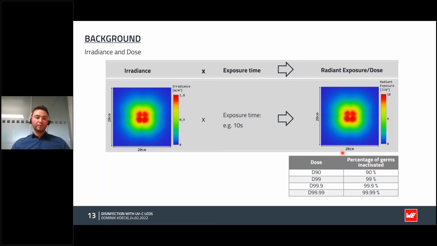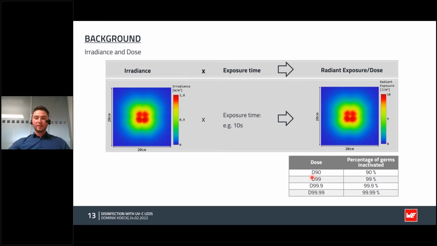Basically, depending on the application you want a different amount of disinfection. So there's a nomenclature of how many germs were disinfected or inactivated, and this is called the dose.